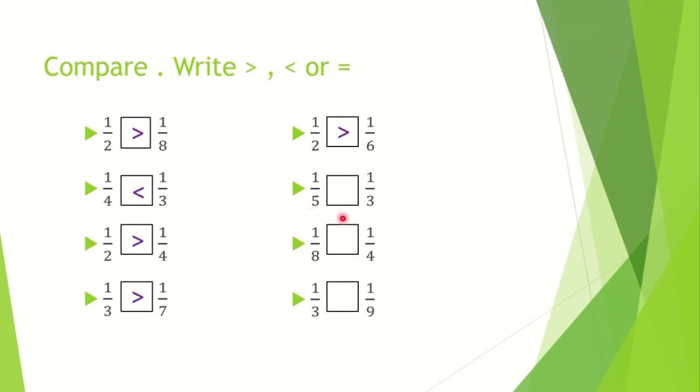Here, fifth or third? Perfect. Fifth is less than third. Okay. And this one, eighth or fourth? Perfect. Eighth is less than fourth. And the last one, third or ninth? Perfect. Third is greater than ninth.